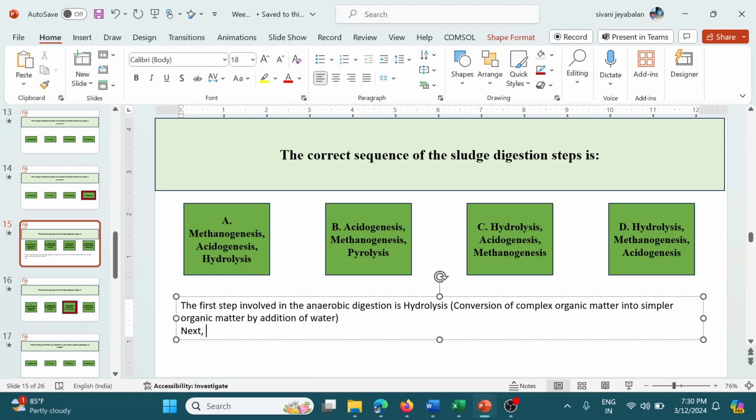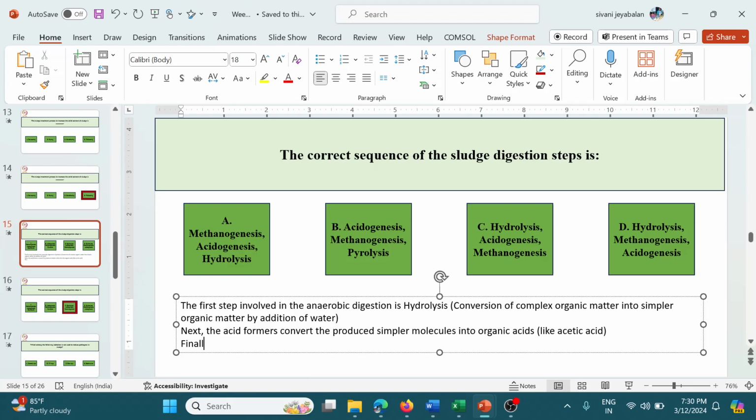Next, the acid formers convert the produced simpler molecules into organic acids like acetic acid.